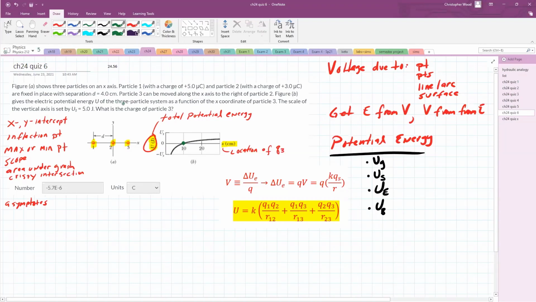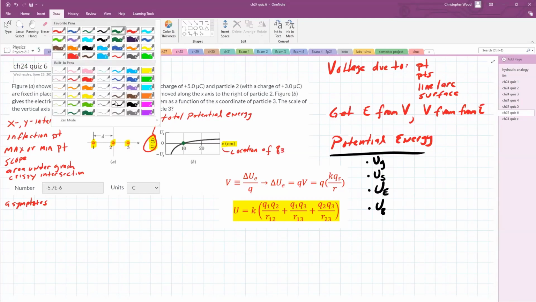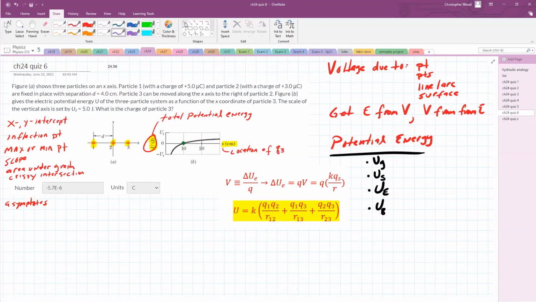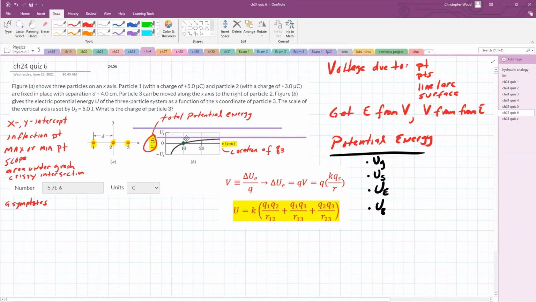We have the potential energy of the 3-particle system as a function of x, the scale of the vertical axis. Okay. They don't say this is an asymptote, but it kind of looks like one. So just so I don't forget about it, I'm going to draw an asymptote here, but I don't think there's going to be anything I can really do with that because they don't give me that value, but we'll see. It just caught my eye.